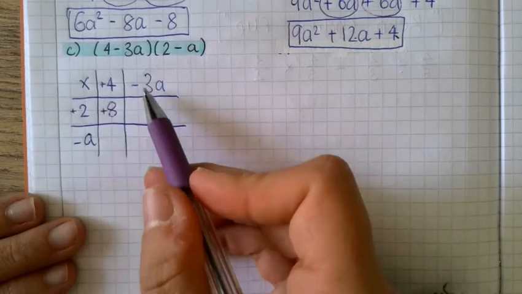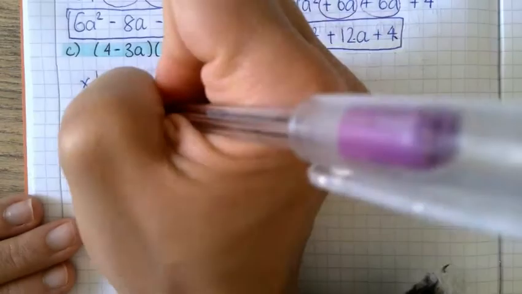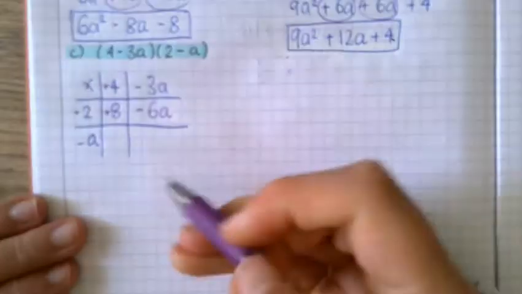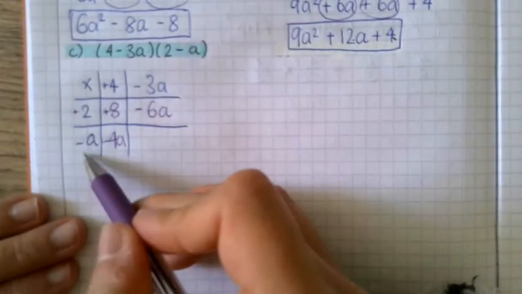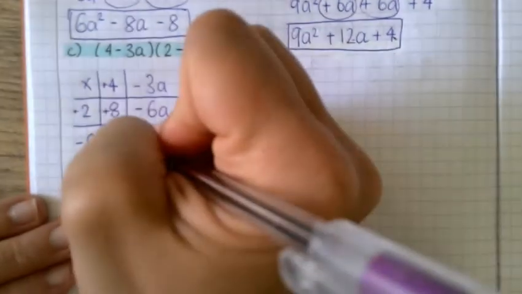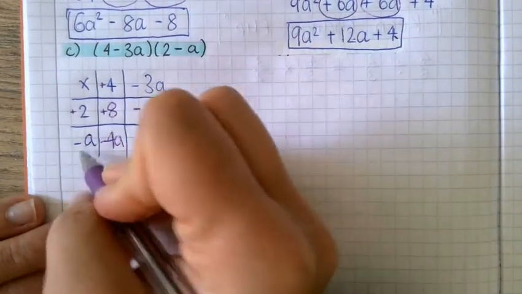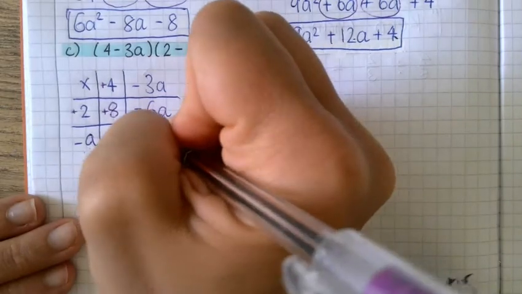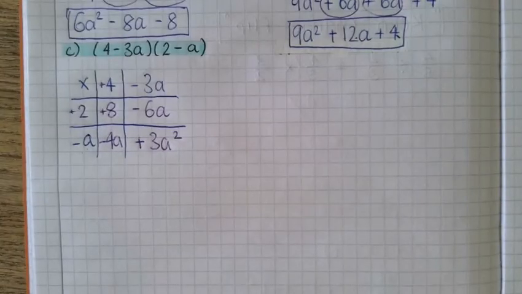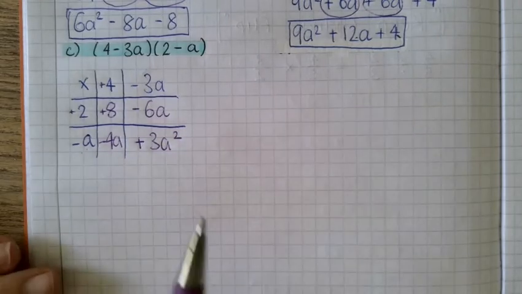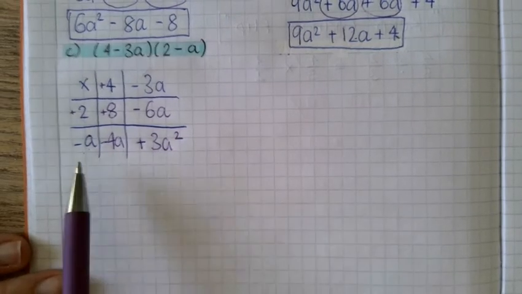Then positive 2 multiplied by negative 3a is negative 6a. Positive 4 times by negative a is negative 4a. And negative 3a multiplied by negative a is positive, because a negative times by negative is a positive, 3a squared. So I'm going to add all of these things together, and remember I'm going to put my square term first.